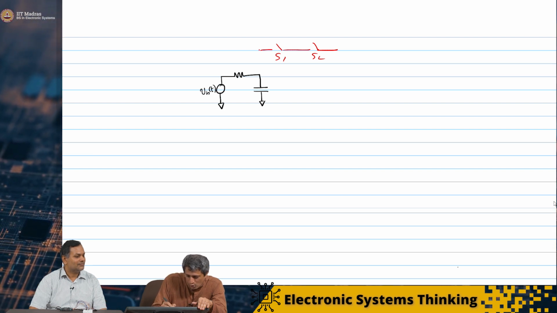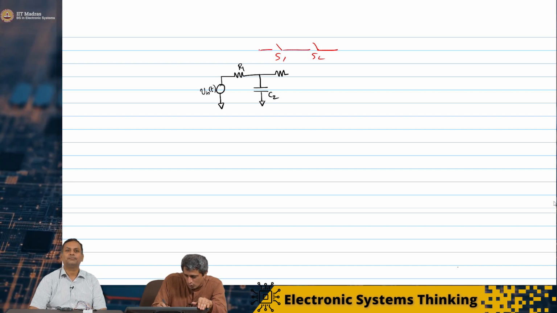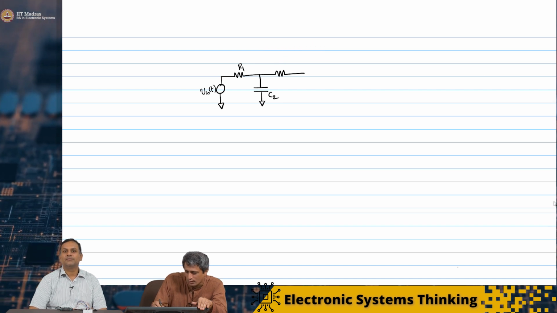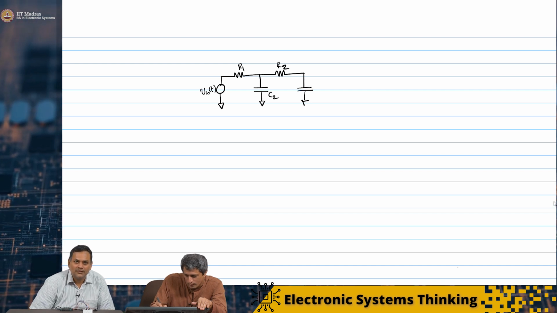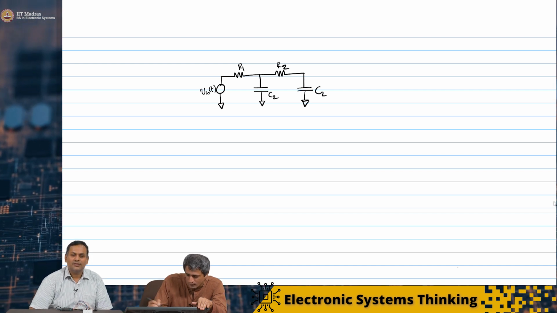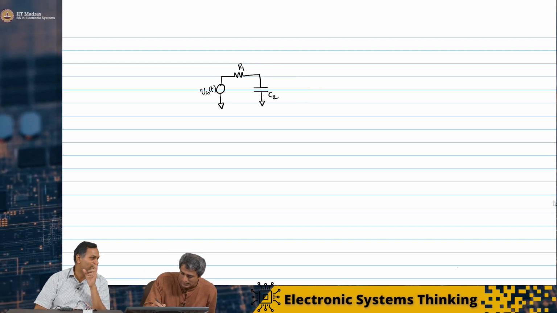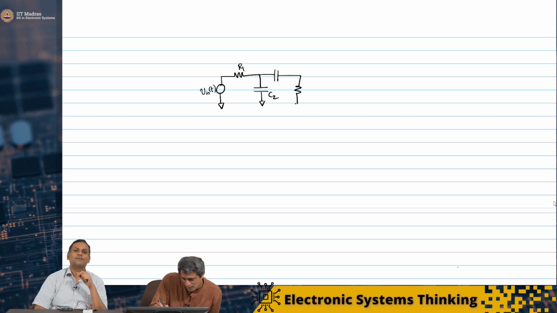V in of t, R1, C1. Maybe I can remove the switch. R2 and C2. So now we want to cascade a low pass filter with a high pass filter. Therefore I have to put a capacitor here.